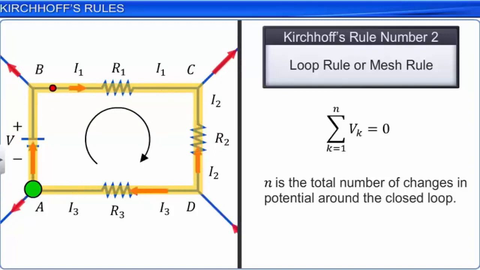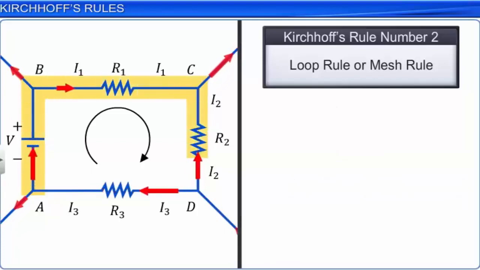So, starting from any point in the loop, if we come back to the same point, the sum of potential changes must be 0. ABCDA is one of the closed loops in a complicated circuit. Starting from any point in the loop, we walk through the loop either in a clockwise or anti-clockwise direction and write down the change in potential.